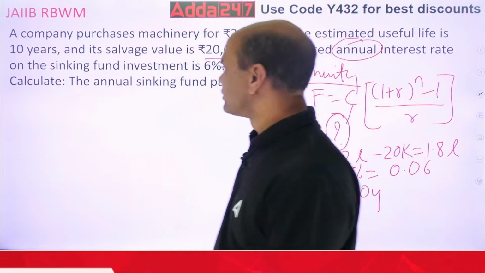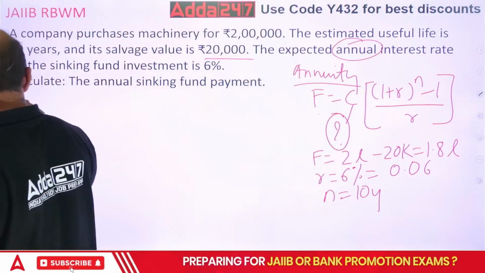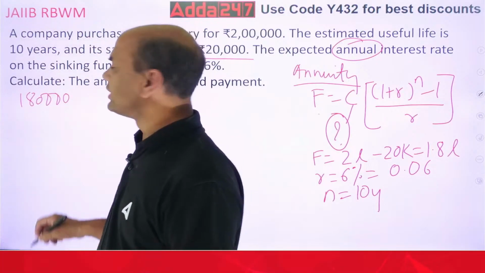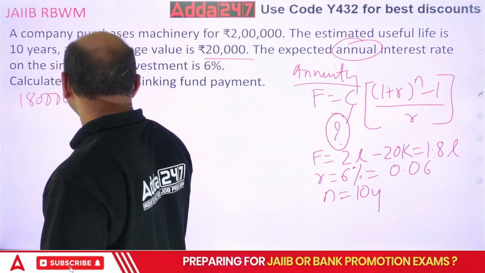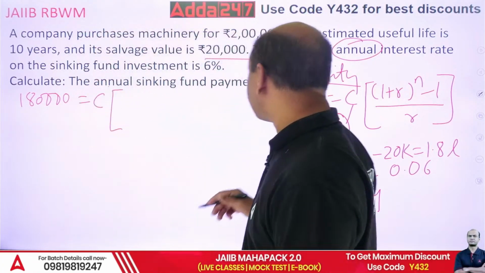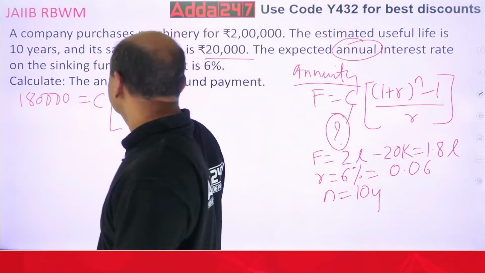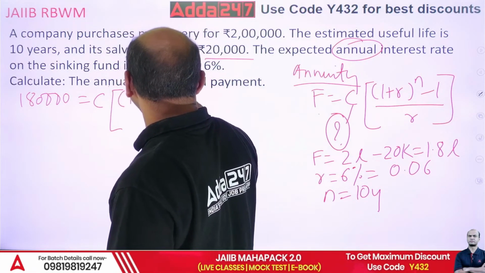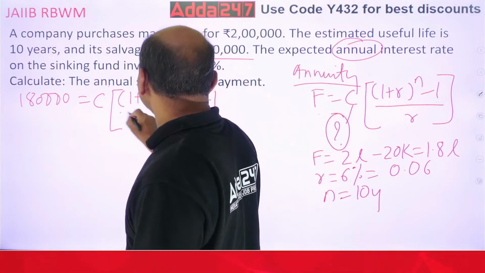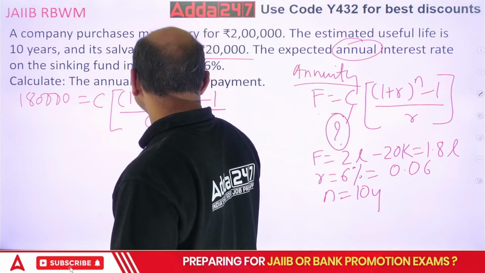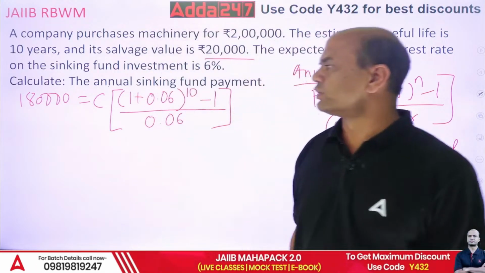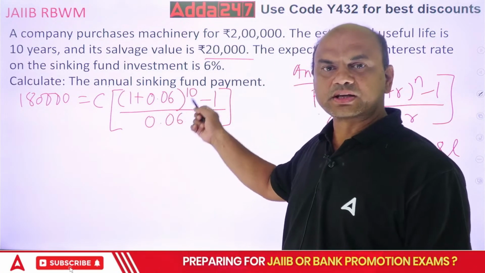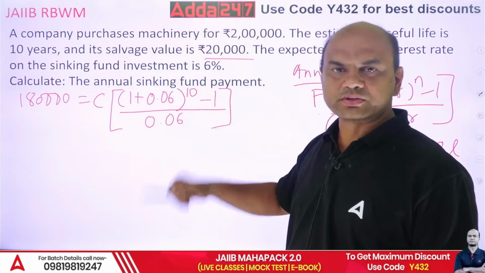So let's solve it. 1,80,000 equals C into, now I'll directly write the values, (1 plus 0.06) raised to 10, minus 1, the whole upon 0.06. So 1,80,000 equals C into (1 plus 0.06) raised to 10 minus 1, the whole upon 0.06.